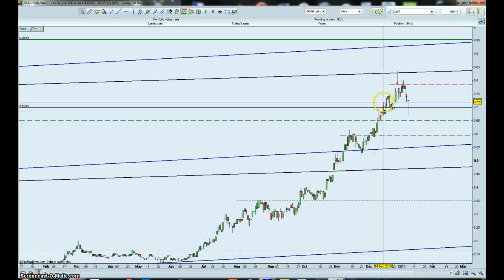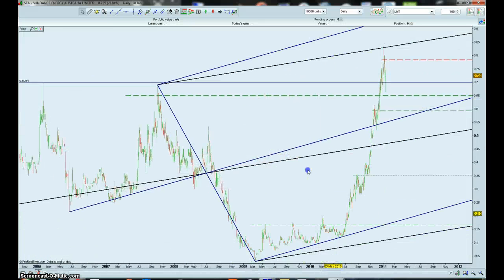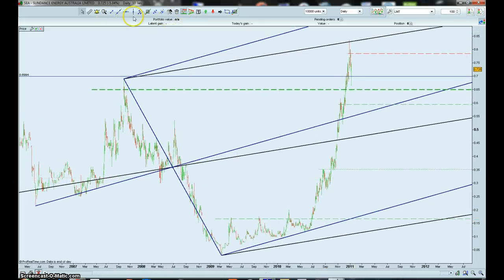But anyway, I think when it was around the 70 cents, we were also discussing on the forum where the price could go. Being the all-time high, the thing to do is to put the fibs on there. I'll take it to the 70 cent.